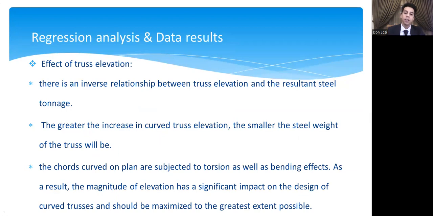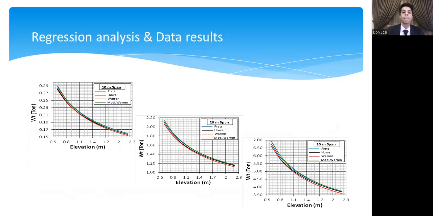Increasing elevation means decreasing steel usage, so elevation should be maximized to the greatest extent possible. As we can see here in these charts, the relation between elevation and weight: the weight decreases as the elevation increases, in every stage of changing the span from 10 to 20 to 30 meters.